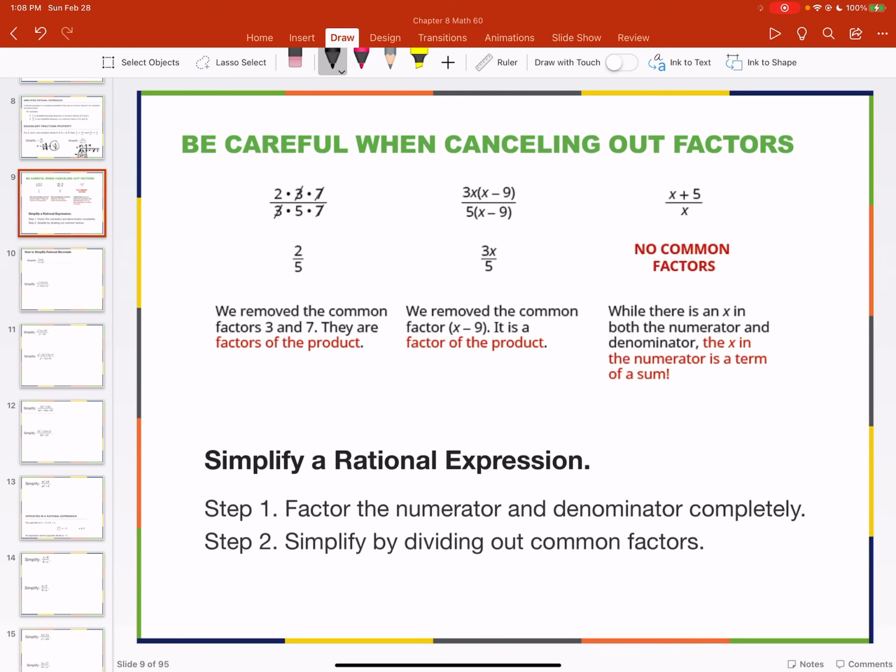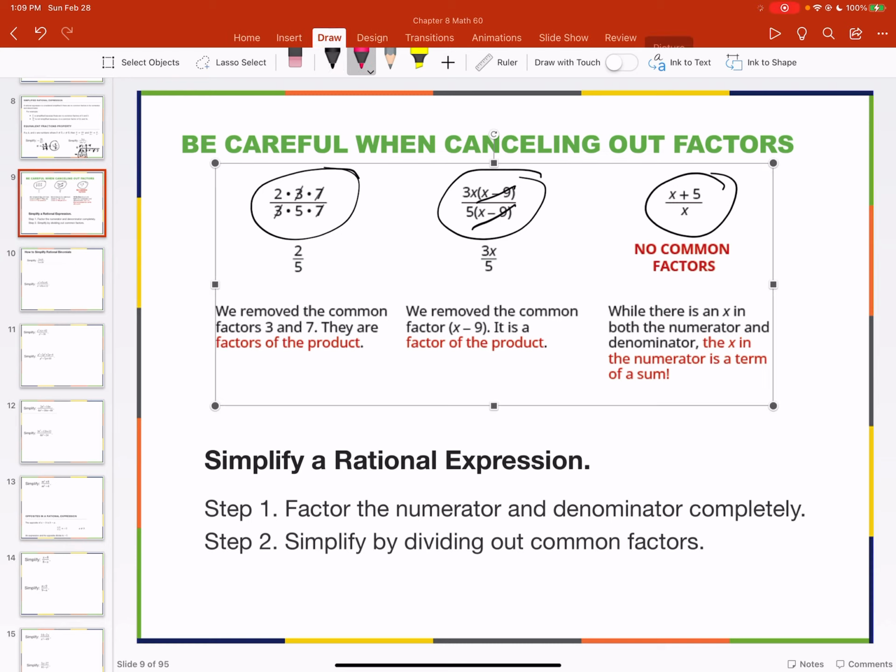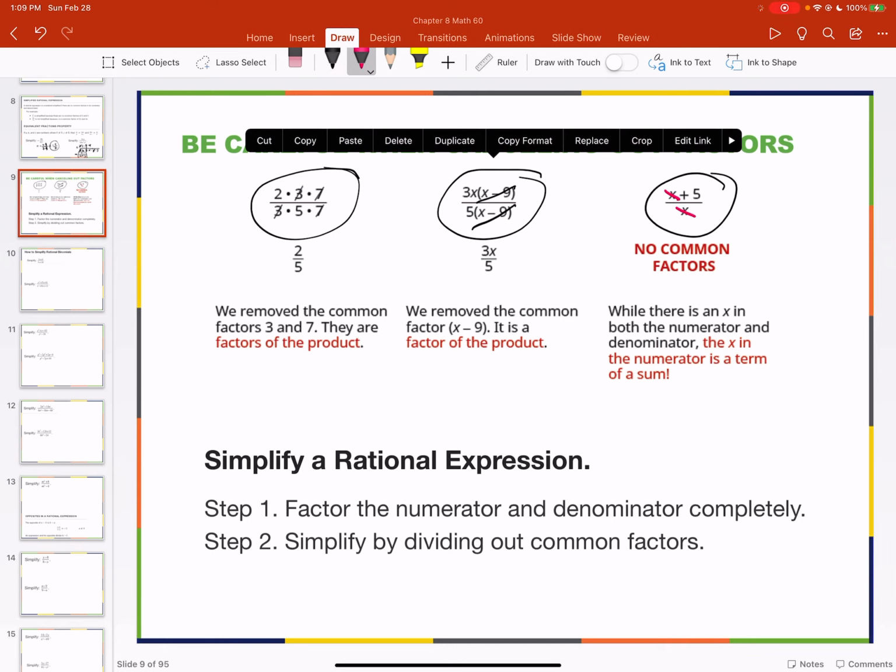Okay, so just be careful when you're canceling out factors. Notice that they're factors of the product. They're all factored out. In this case, they factored out 3 and then the 7. Here, they factored out an x minus 9. But then sometimes some people do this: they just say, oh, here's an x, and that does not work.